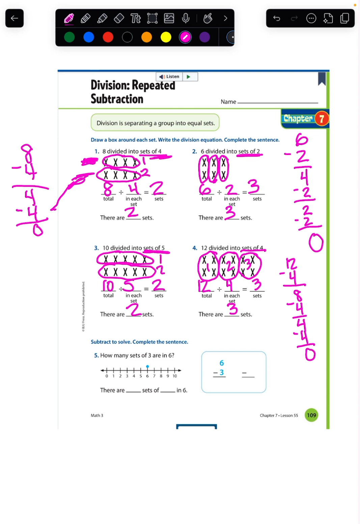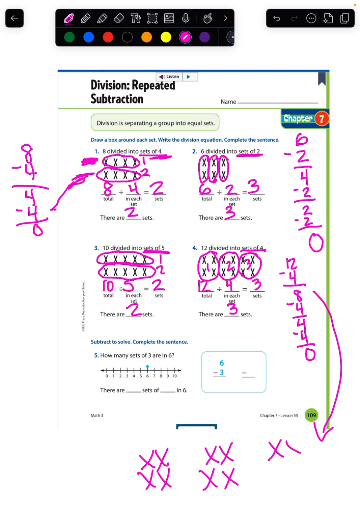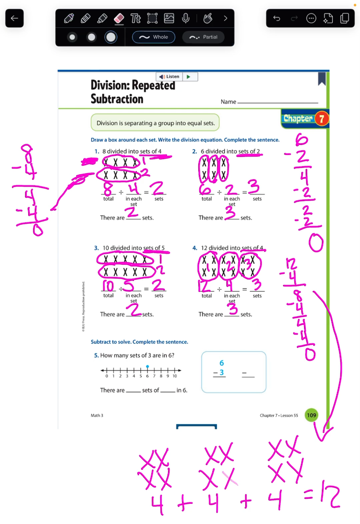It's the same thing as saying, so let's come down here for a second. If I have 4, 4, and 4, and I were to do repeated addition, so 4 plus 4 plus 4 would give me 12. It's the same thing, just going a little backwards, okay?